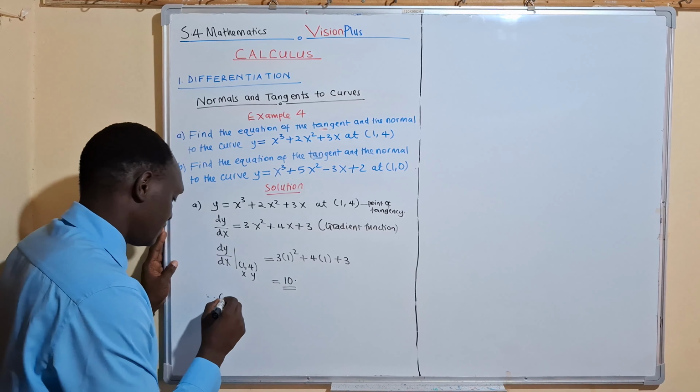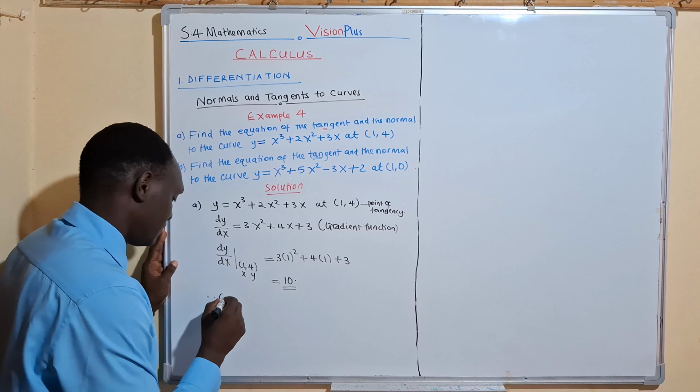After getting the gradient of the tangent, and we know one point on the tangent, then we can find the equation of the tangent. This is the gradient m of the tangent, this is x, y.